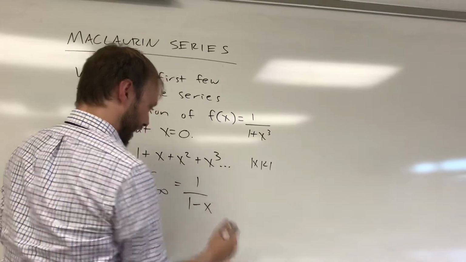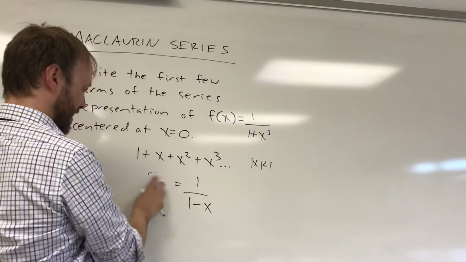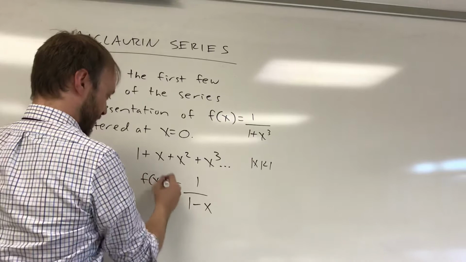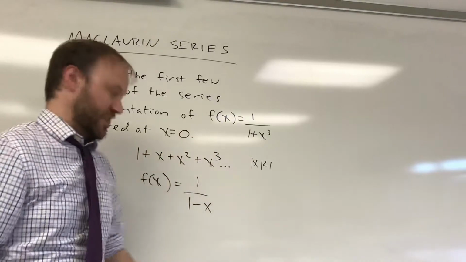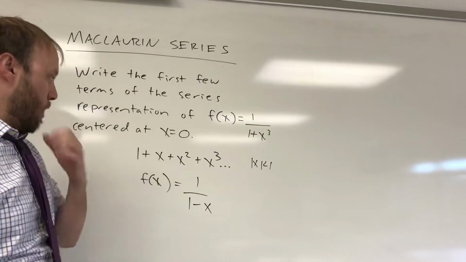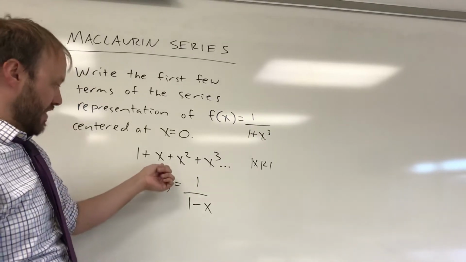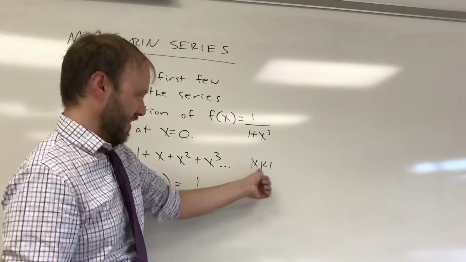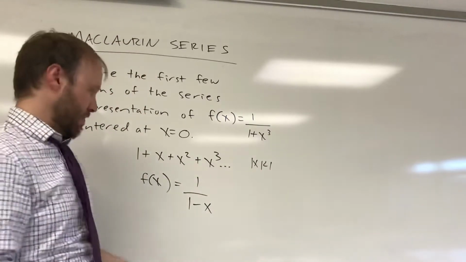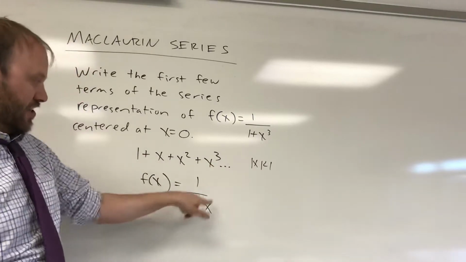And this is the function that is being represented by this series, and again, it's being centered at 0. Anyway, if we substitute values near 0, specifically between -1 and 1, this series will approximate this function right here.